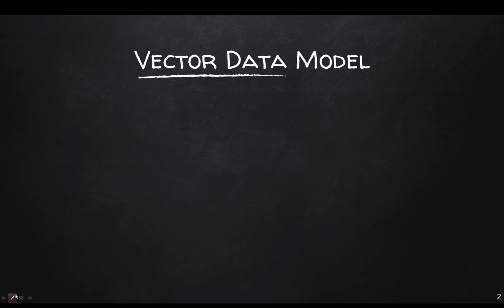So the vector data model is a coordinate-based model for representing the world using points, lines, and polygons. Vector data models are useful for storing data that has discrete boundaries, such as county boundaries, country boundaries, land parcels, streets, and so forth.